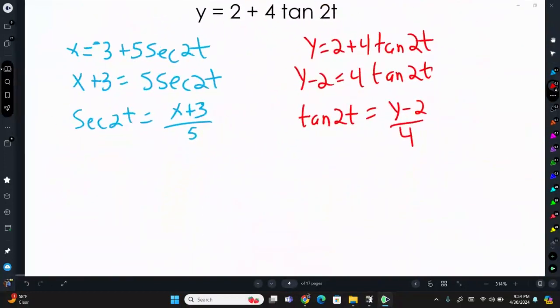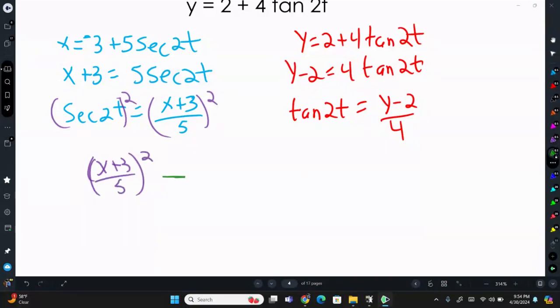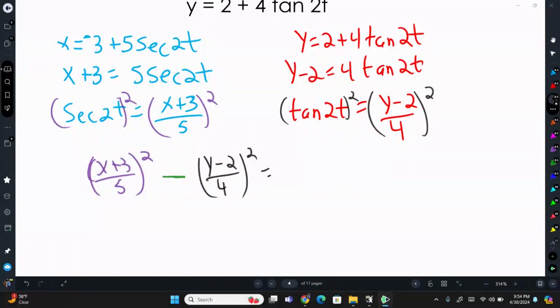So I'm going to take secant squared and square both sides, using this (x plus 3) over 5 squared, minus, go over to the tangent one, square both sides there. So (y minus 2) over 4 squared equals 1.